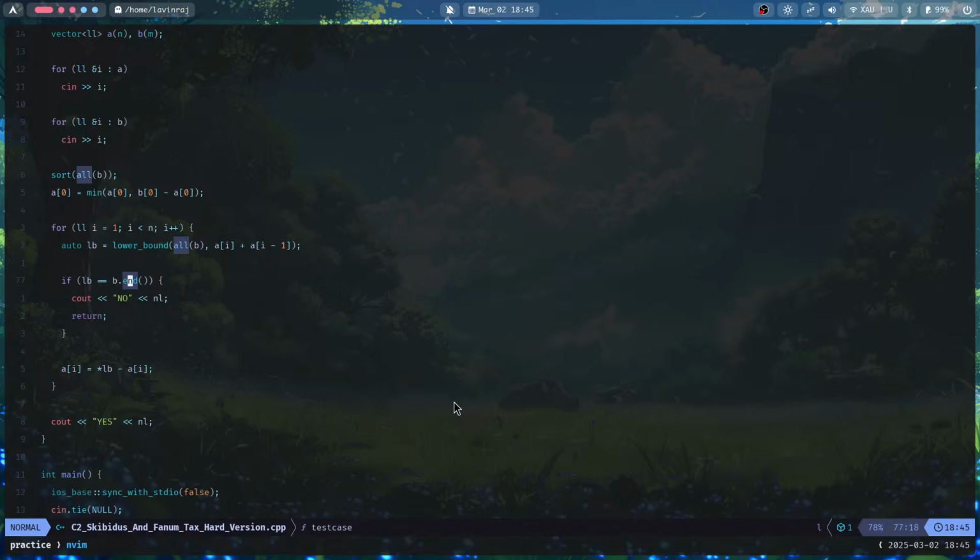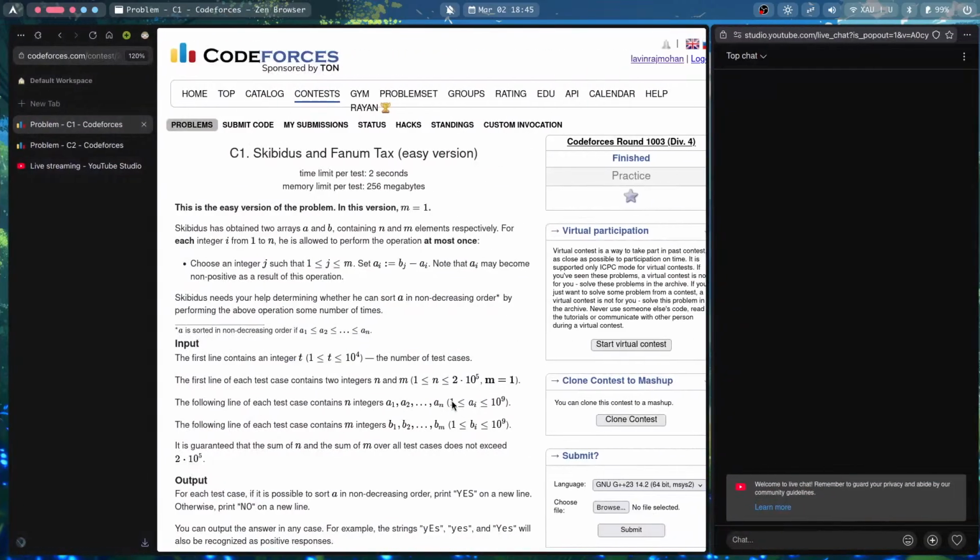If we didn't find any lower bound, then we return no because we can't do that. And if we found it, then we update the value of A[i]. That's crazy. And if the whole loop is executed successfully, then we return yes.